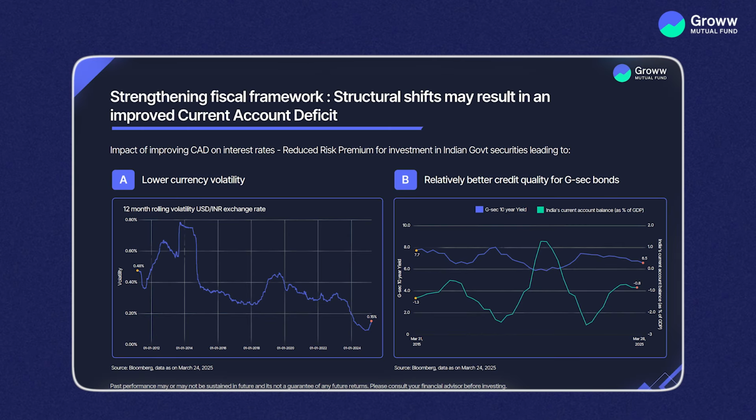Second, as the current account deficit improves, your country risk premium decreases, the stability of currency increases, and macroeconomic stability increases. And remember, the less the uncertainty, the less the volatility, and the less the risk premium or interest rates you demand.